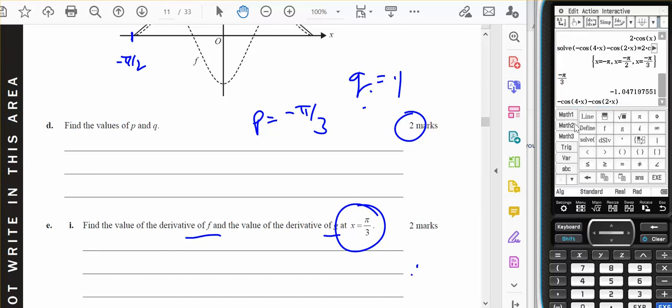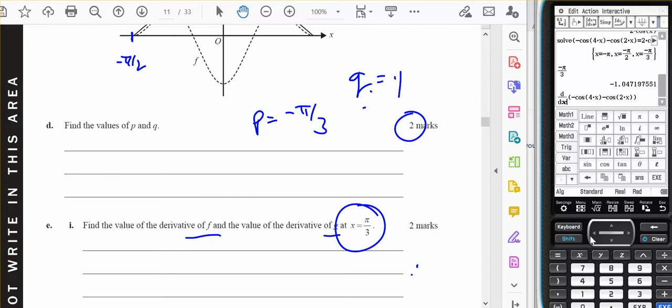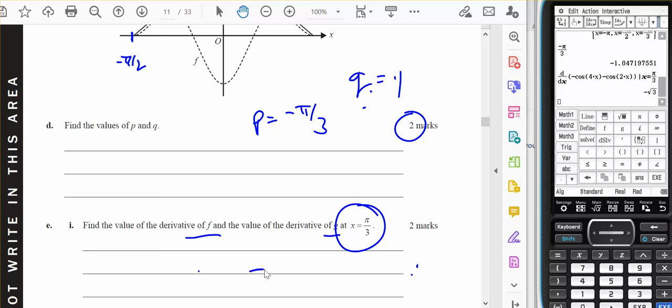So keyboard, math 2, select derivative, x given x equals negative pi on 3, and I get an answer of negative root 3.